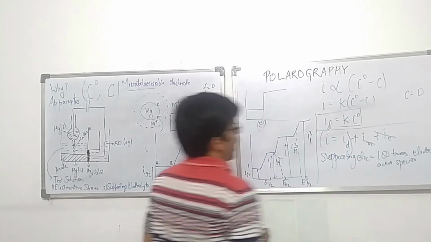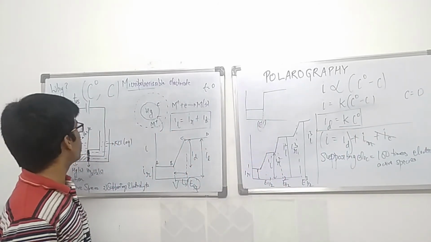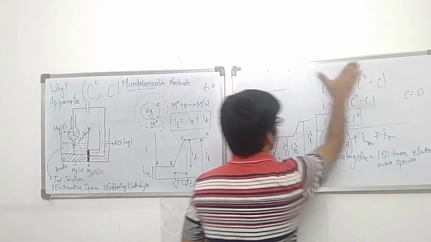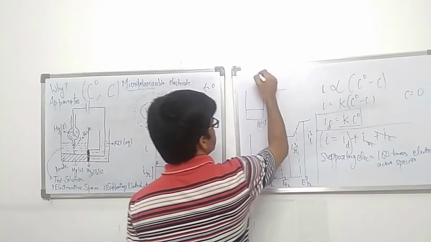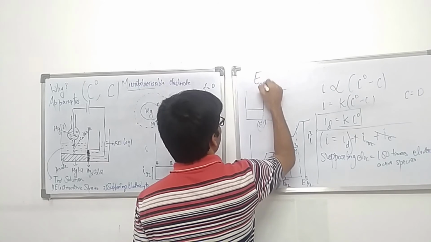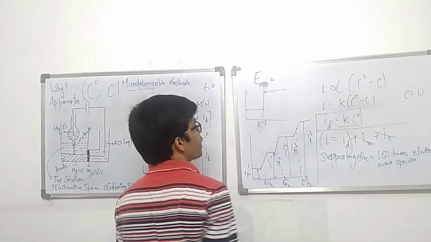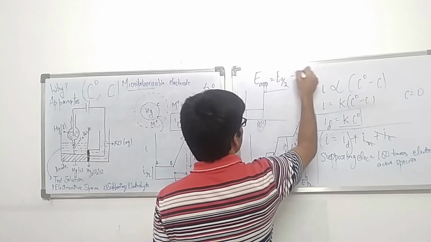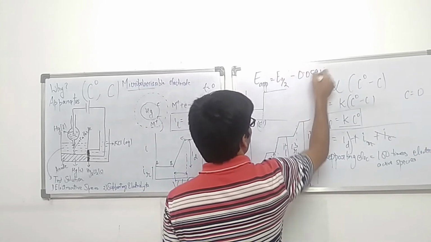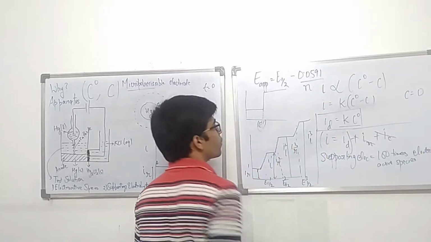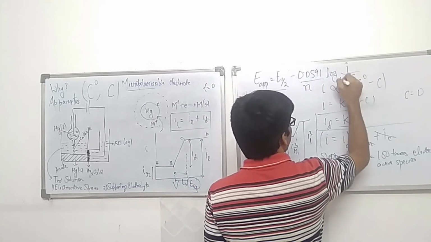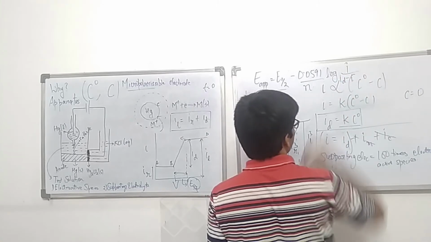The working equation for polarography in terms of potential is that E applied, which is the potential that you are applying, equals E half minus 0.0591 by n log of i by (i_d minus i).